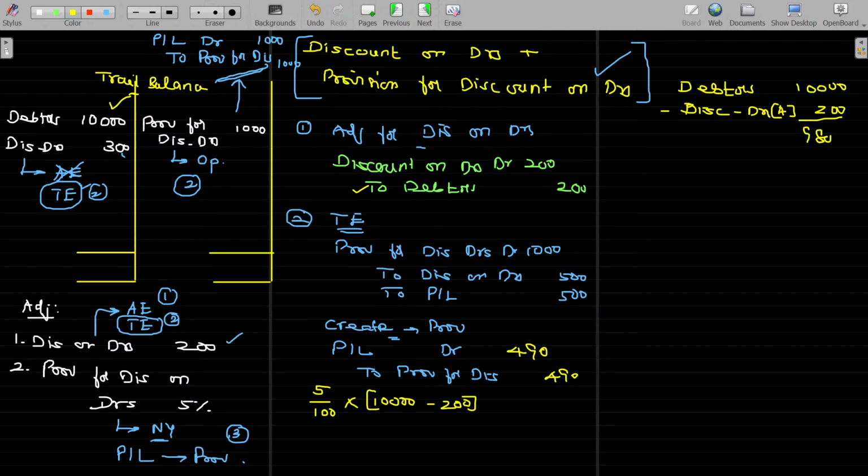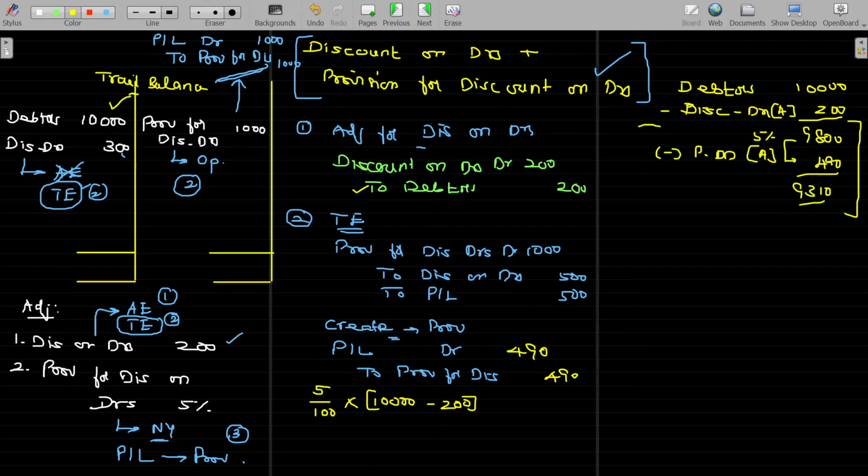Balance being 9,800. From the 9,800, we have to subtract what? Provision for discount on debtors given in the adjustment meant for the next year, which is 5%. 490. So balance being 9,310. This way also you can work out.